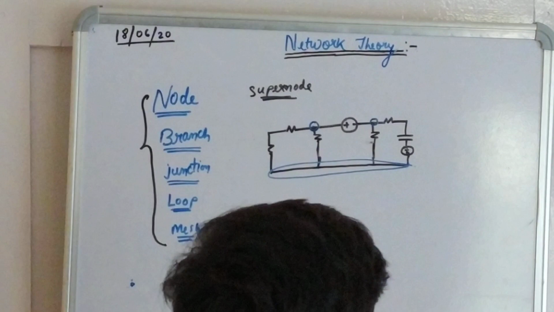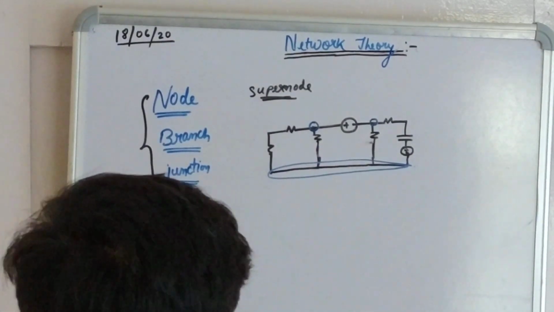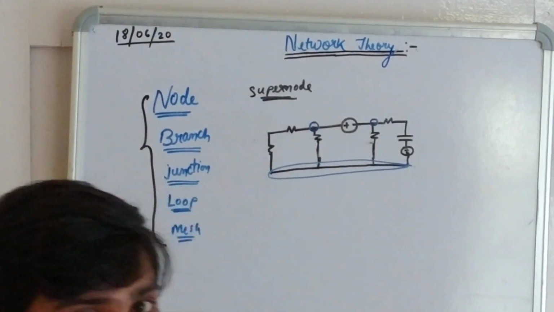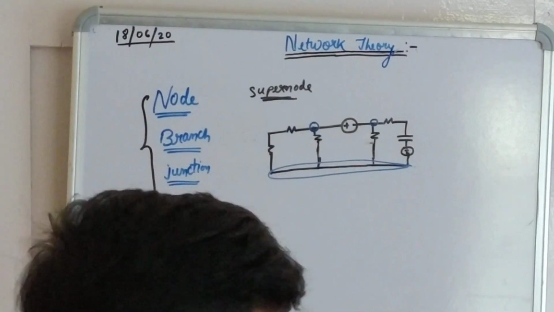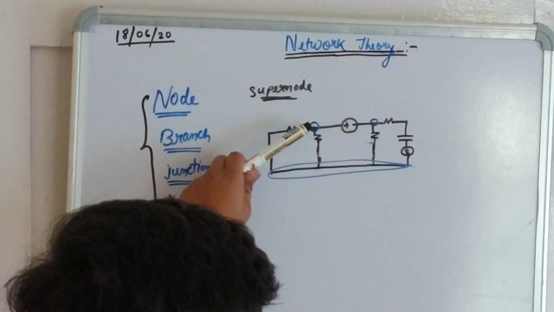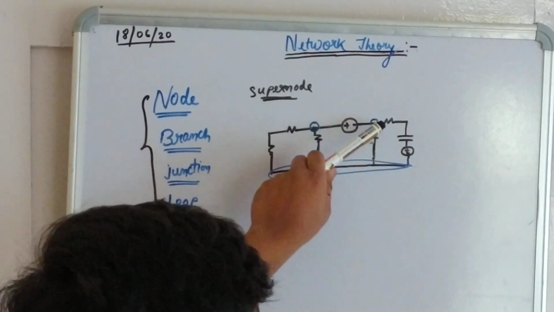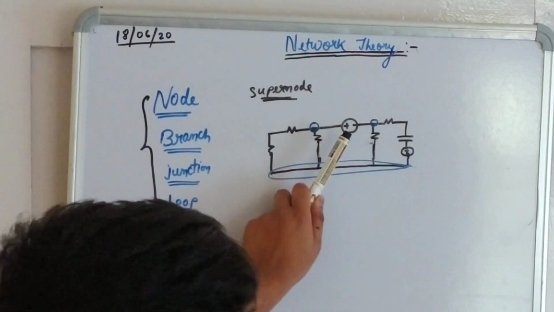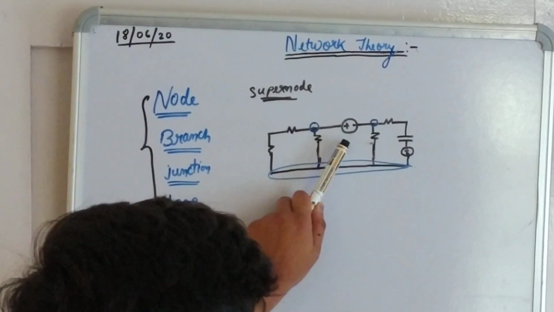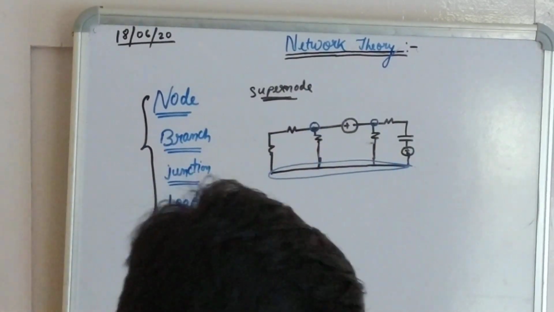So three junctions. Now, what is a super node? What I said is that if any voltage source is connected between two nodes, and no resistance is connected with that voltage source, then we will call it a super node.